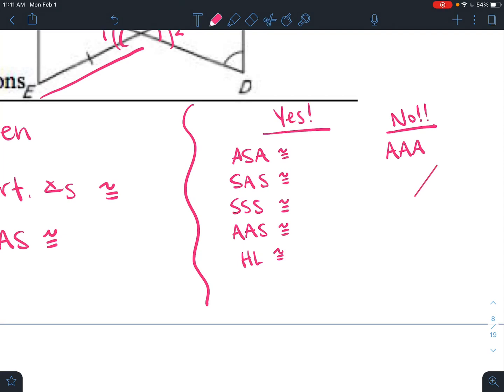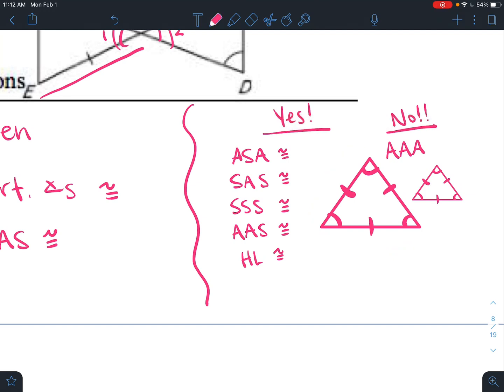But one thing that you can see is that if I take my equilateral triangle and I go ahead and mark all of those side lengths the same and all of my angles the same, one thing that we can do is we can take that same triangle that is equiangular and I can make it bigger. And you'll notice that these angles are all still congruent. Okay, so angle, angle, angle is not enough to prove triangle congruency.